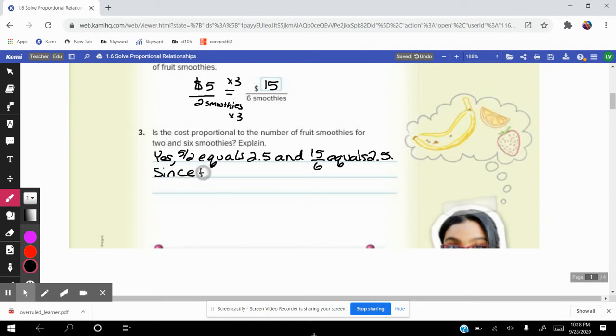So since the ratios have the same value, the cost is proportional to the number of smoothies.